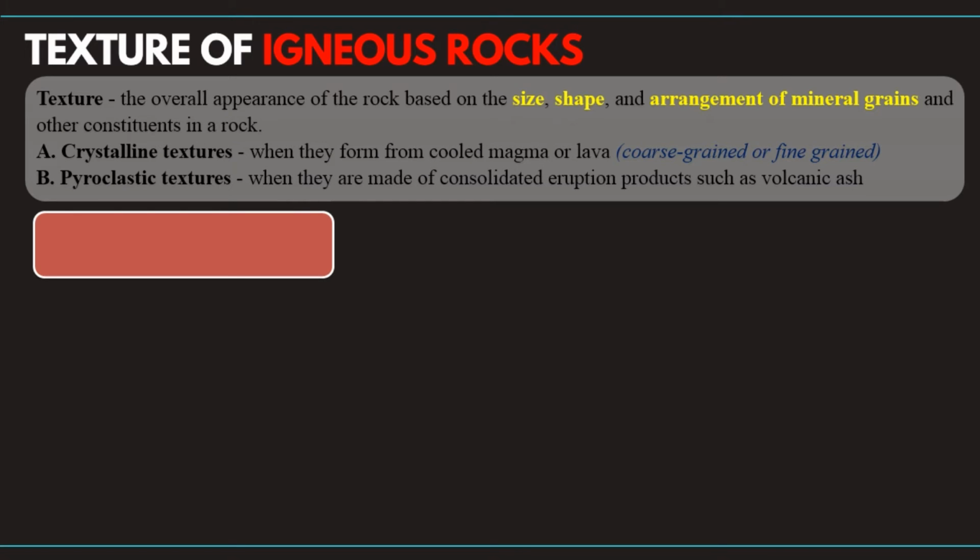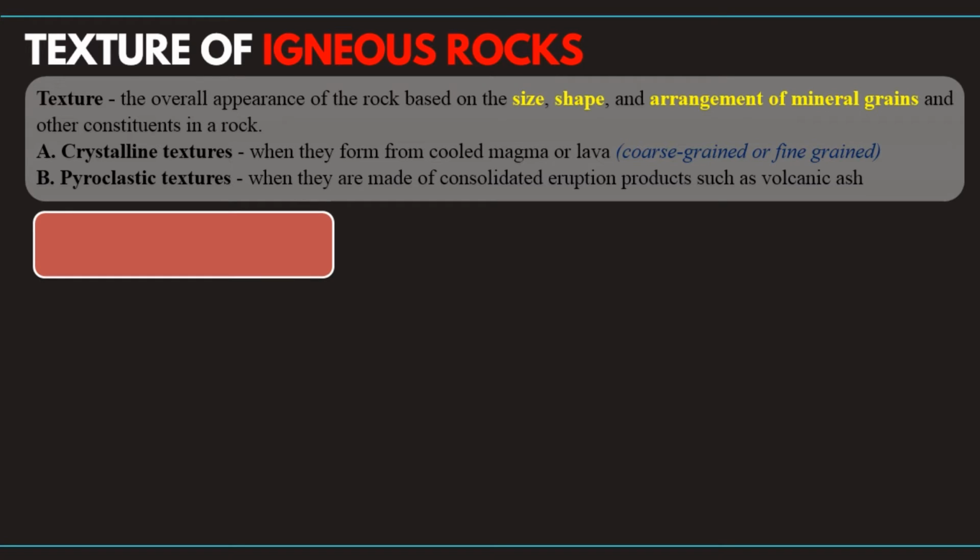Crystalline texture happens when they form from cooled magma or lava, which may exhibit a coarse grain or a fine grain texture. When we say coarse grain, the rock has a rough texture. We can clearly see the mineral grains on the rock.